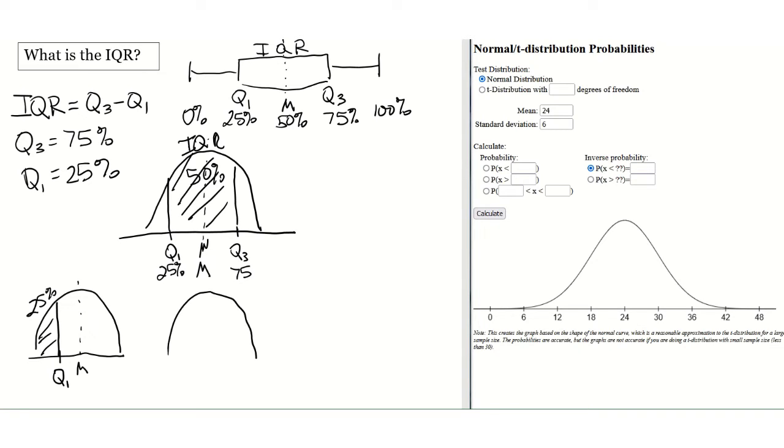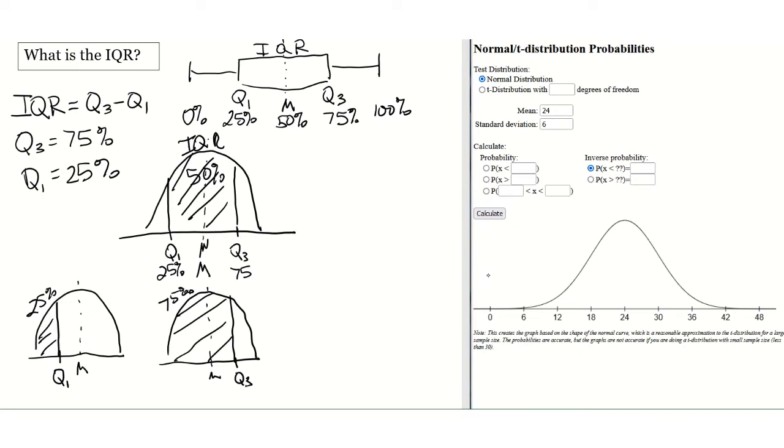Then I'm going to solve for my Q3, and that's going to be this whole area, which is 75%. And then I'm going to take the difference of these two. So this is what I'm solving for.